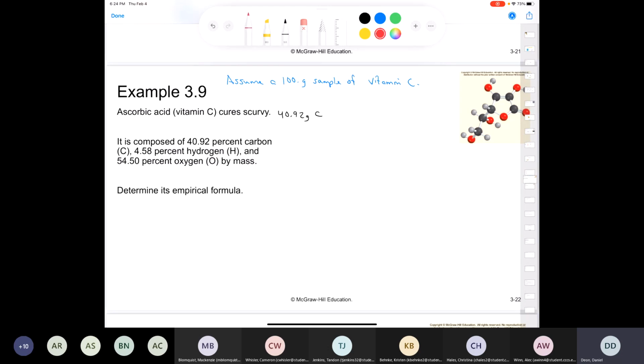That would mean that I have 4.58 grams of hydrogen, and that would mean that I have 54.50 grams of oxygen.